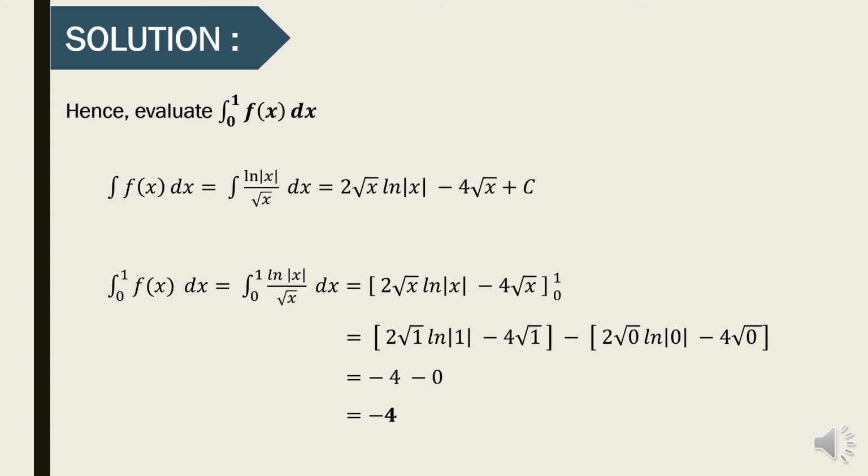We can cross out the c since there are limits, 0 to 1. We substitute 1 into the first solution and then subtract the value at 0. So we conclude that negative 4 minus 0, and the answer is negative 4. Thank you.